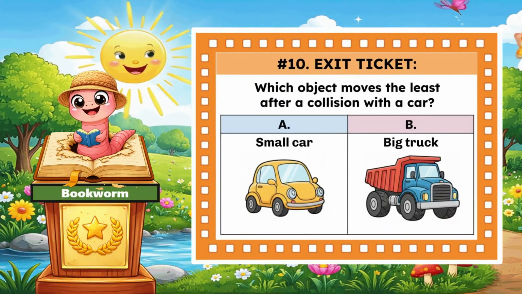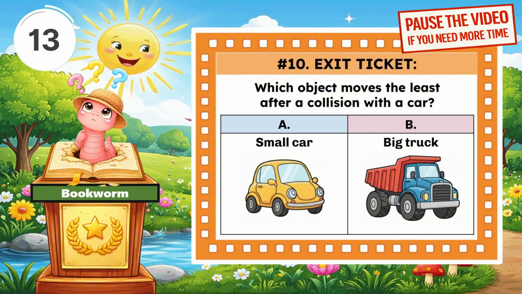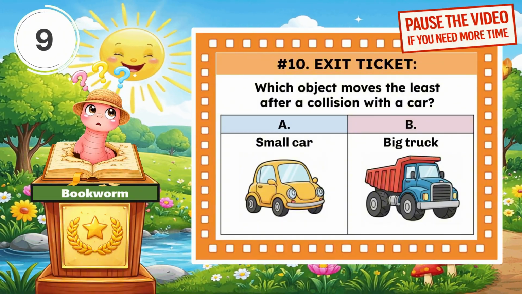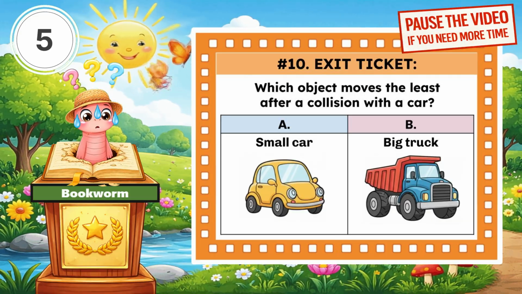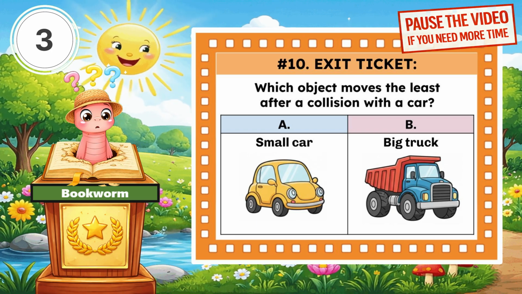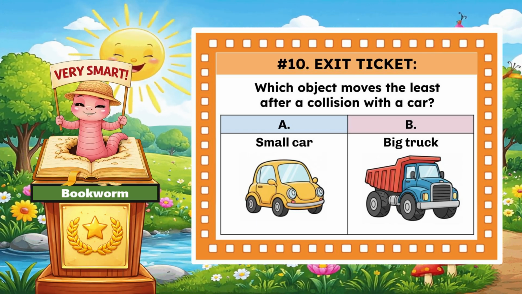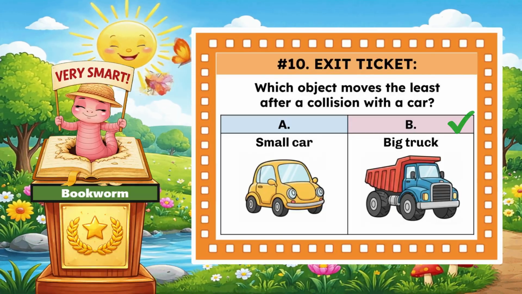Which object moves the least after a collision with a car? And the correct answer is letter B, big truck.